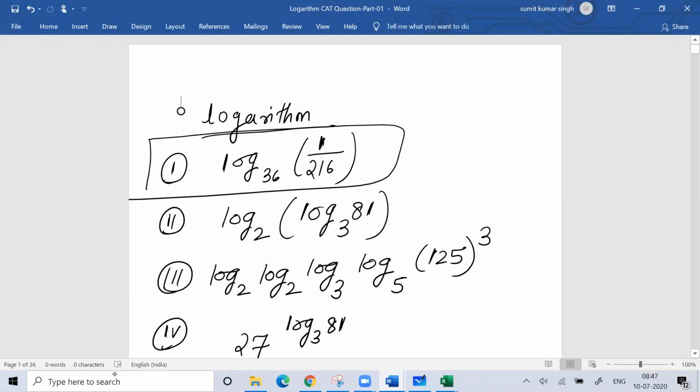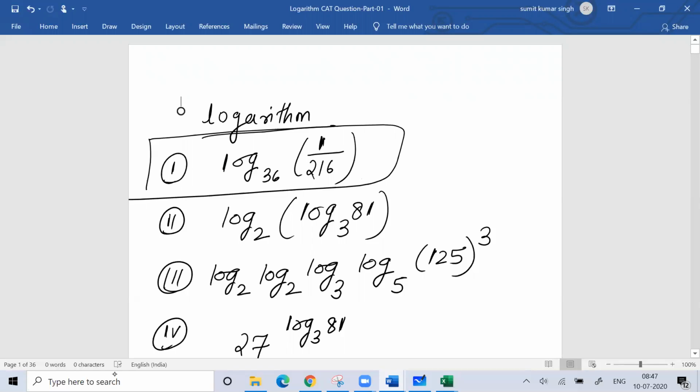Would you convert this? You know that 36 is 6 square and 216 is 6 cube.